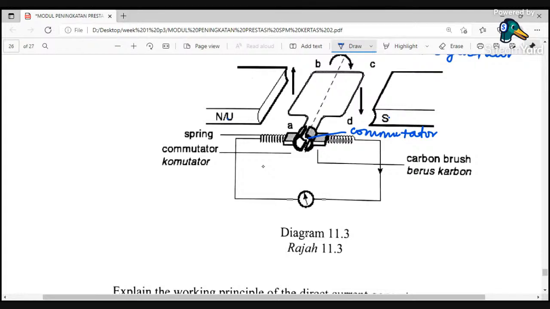So you can first explain about when the coil is rotated clockwise direction, the coil will cut the magnetic flux of the permanent magnet and produce current flow in the coil. The current flow in the coil will flow in external circuit and produce deflection of galvanometer.